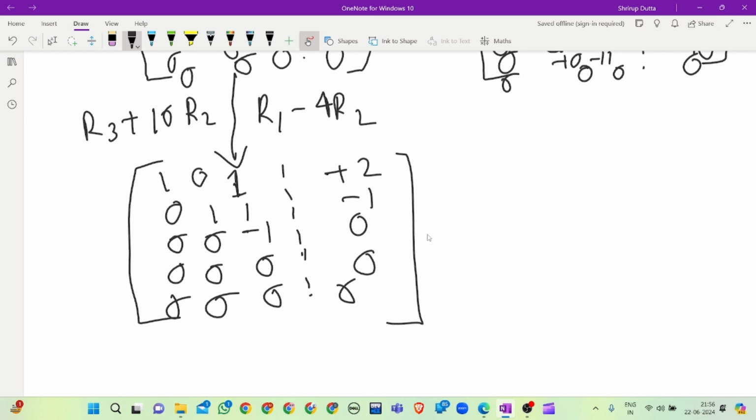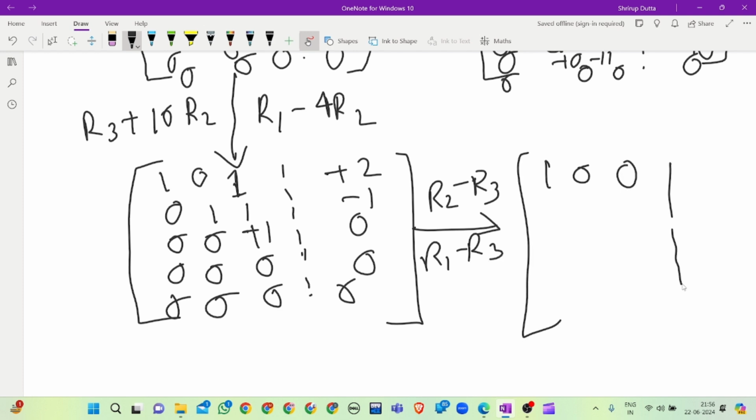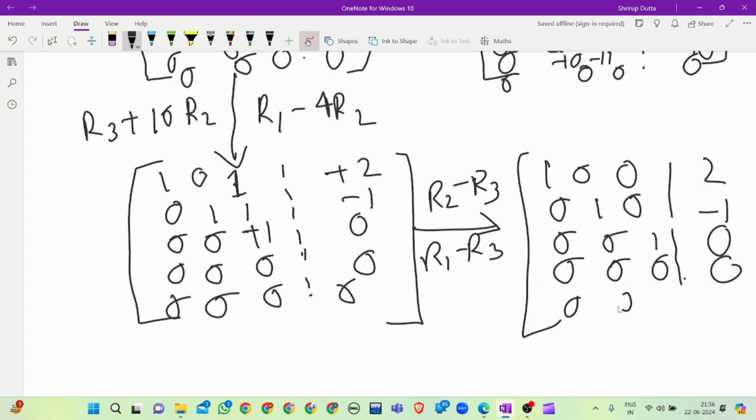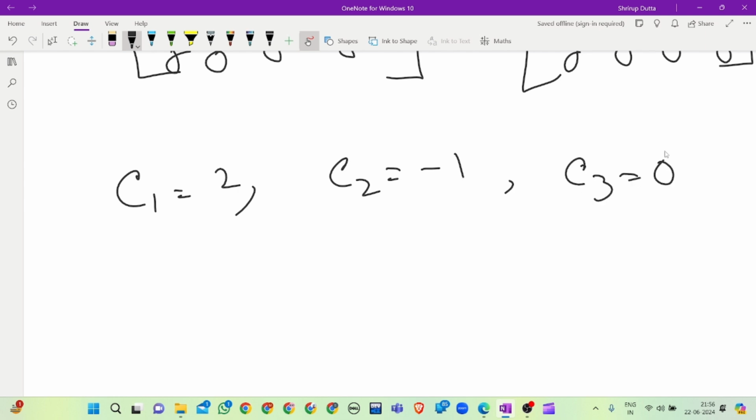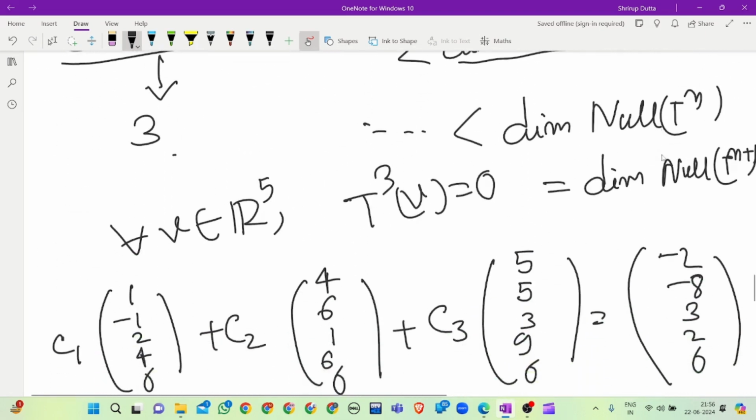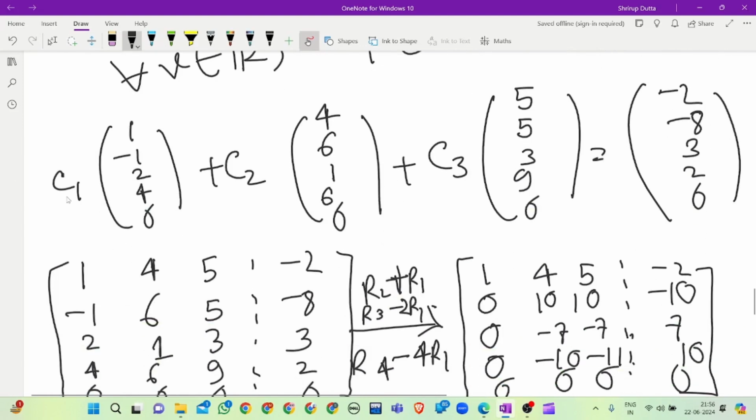If we take minus R3 we will get this, and if we take R2 minus R3 and R1 minus R3, we will get 1, 0, 0 equal to 2, 0, 1, 0 equal to -1, and 0, 0, 1 equal to 0, and the rest zeros. So C1 is 2, C2 is -1 and C3 is 0, and we will get this vector.